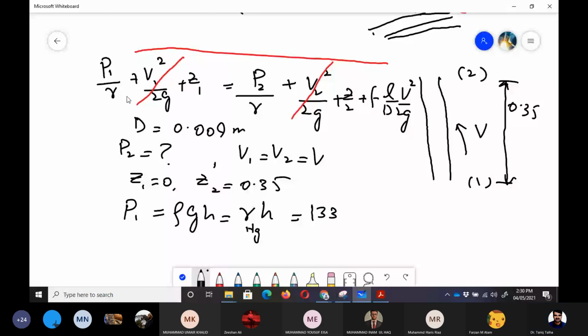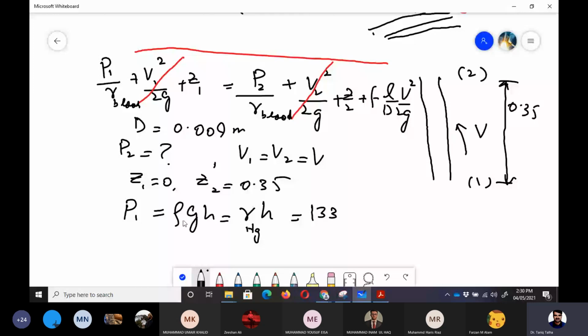This is blood, right? A little thing to note in this equation is that because we are applying the energy equation for the blood flow, gamma would be of the blood, and for the calculation of pressure, that is given in terms of 120 mm of Hg.